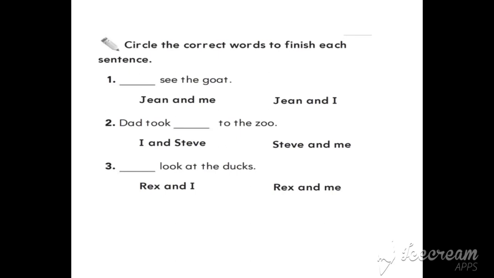Where is it? Yes, very good. See. What do we use before see? Am I going to use me or I? Yes, very good. I. So the first one will be Jean and I. Jean and I see the goat.